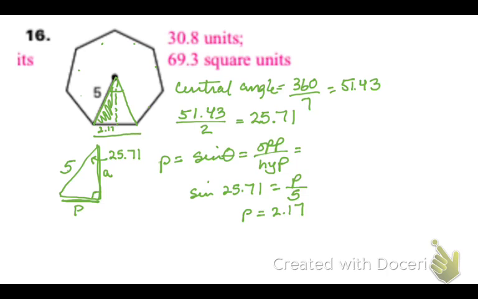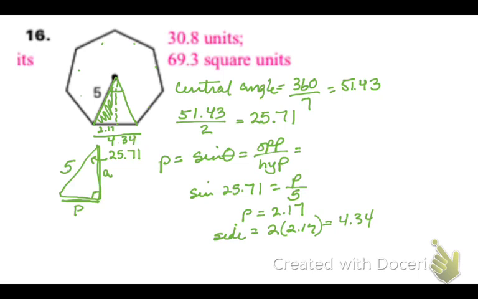So my whole side is equal to 2 times that. That's a 7, by the way. 2 times 2.17 is equal to 4.34, and so this whole thing is 4.34.